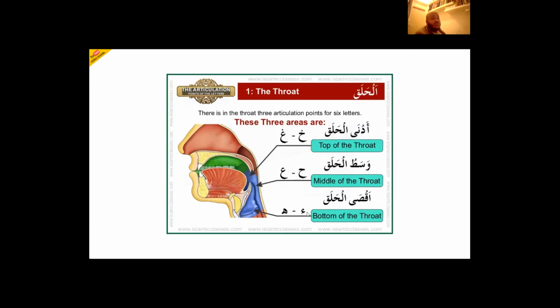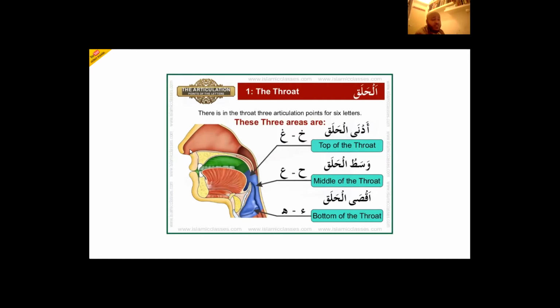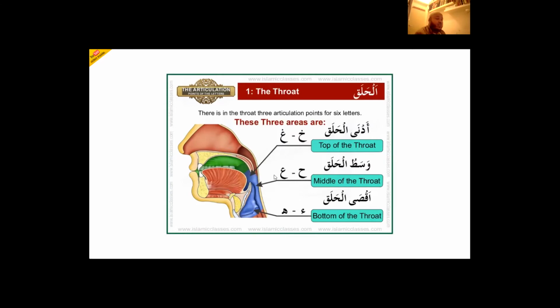If you pronounce the letter ain from, let's say, the nose, you will never be able to make that sound correctly. So how do you know if you're making the sound correctly? Because you know where the sound is coming from, where the pressure is being laid, at the certain part where the arrow is pointing. We mentioned earlier that certain letters sound similar. Some of us struggle to pronounce the letters kha and ra, which may sound the same.